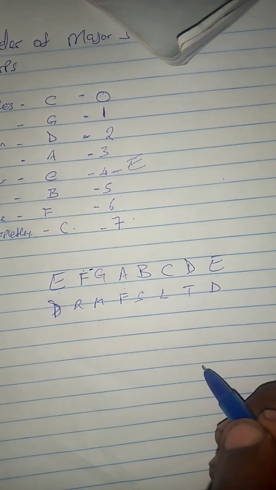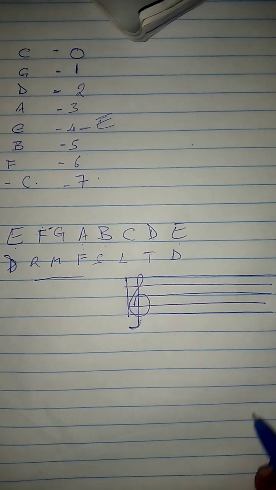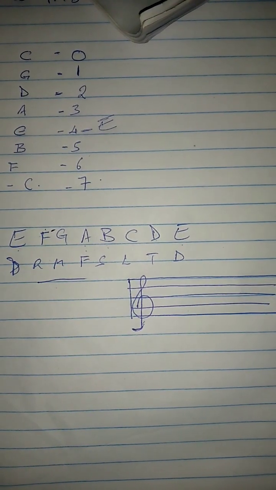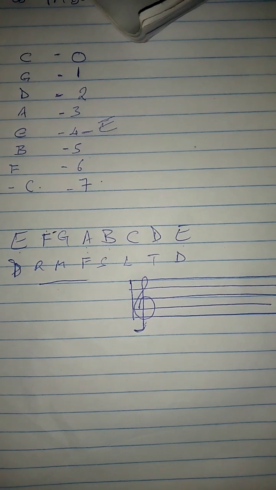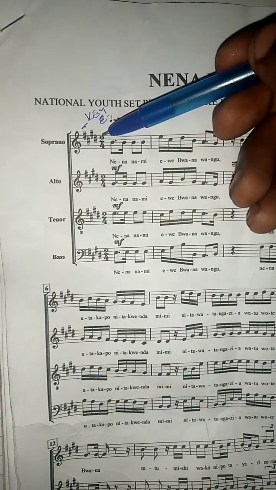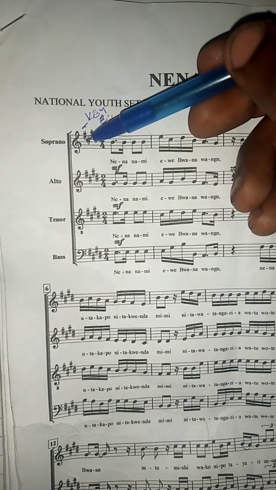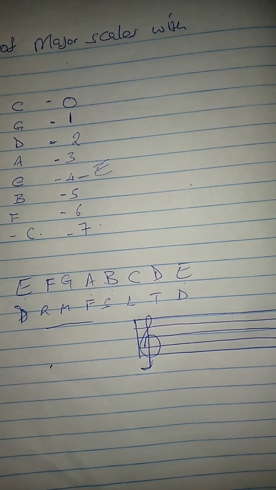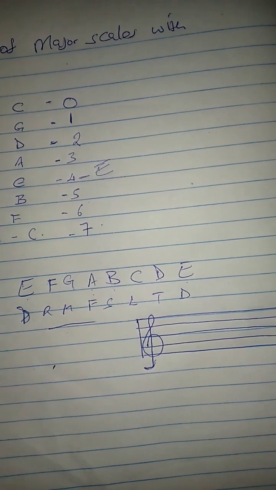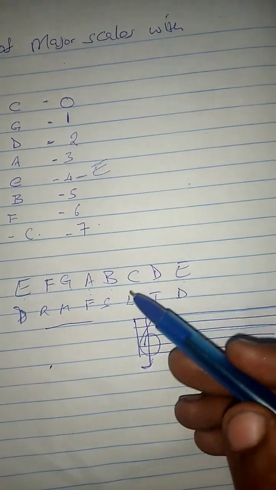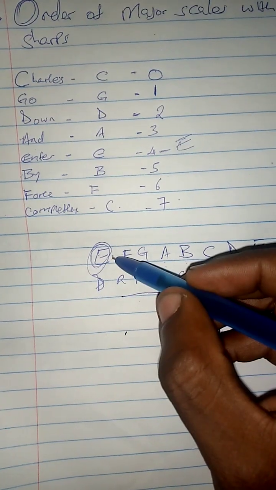So now I will move to the first staff in my musical piece, and we can see that the first staff is in the treble clef. I will now identify the line or space where the leading note, which is E, lies.